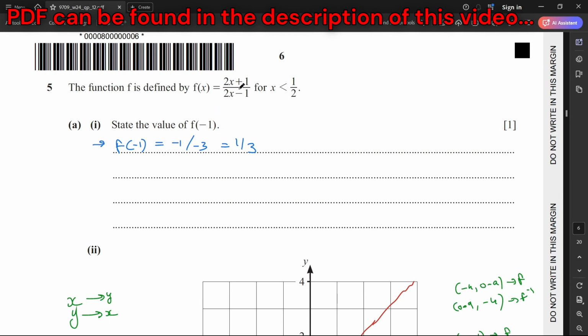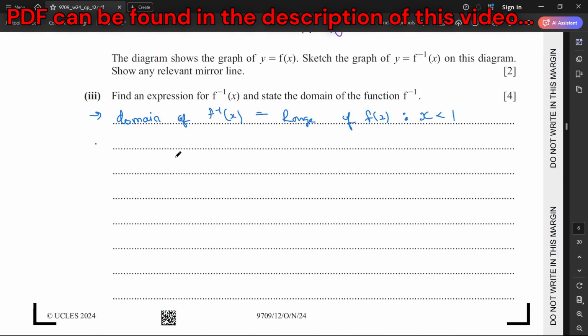So f of x was 2x plus 1 over 2x minus 1. I now just need to make x my y and y my x. Therefore, this is going to become x is equal to 2y plus 1 divided by 2y minus 1. Then if I do the multiplication on the other side, it's going to become 2xy minus x is equal to 2y plus 1.